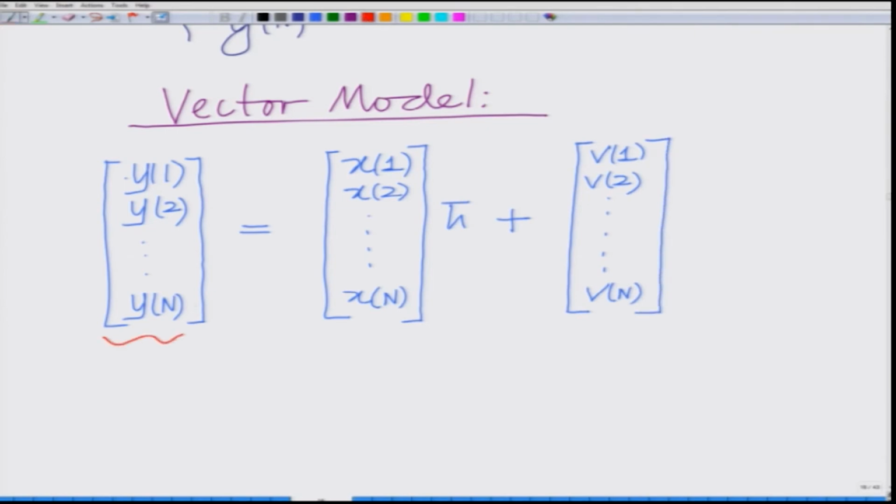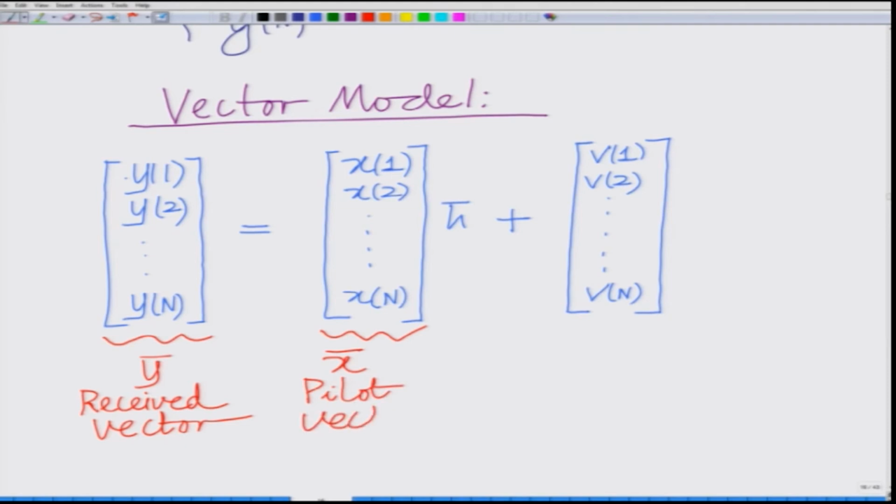So what we have is y bar, which is the received vector or observation vector. We have x bar, which is the pilot vector, and we have v bar, which is simply the noise vector.